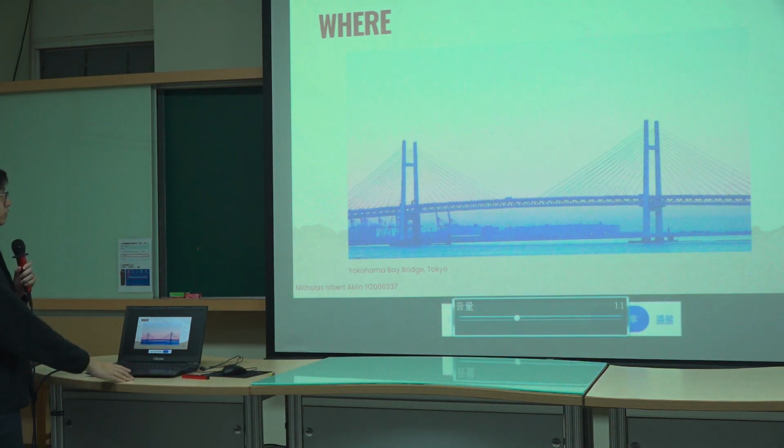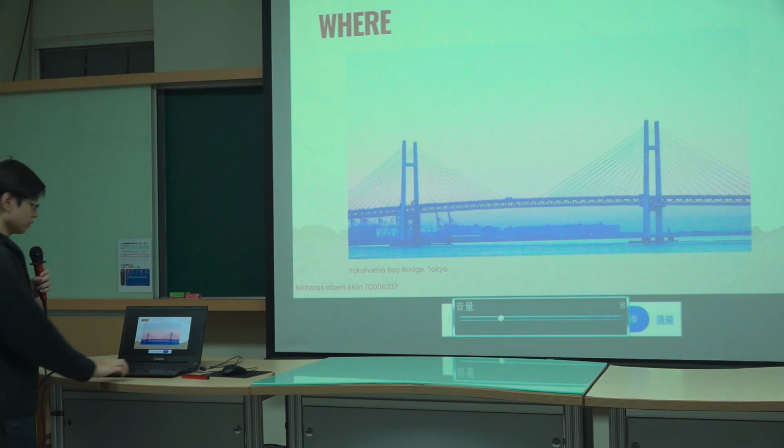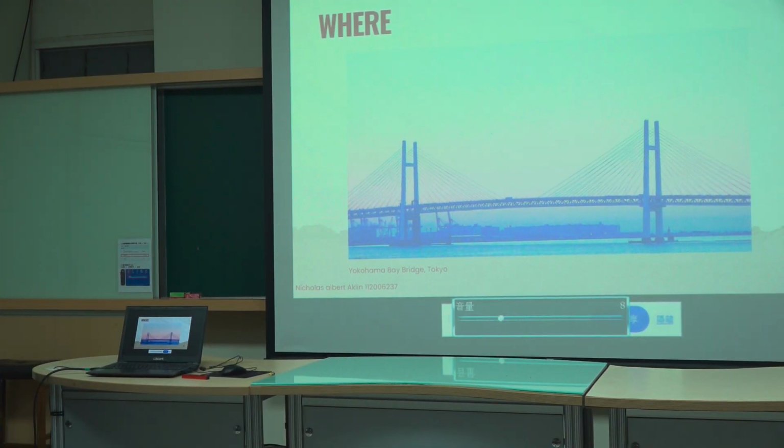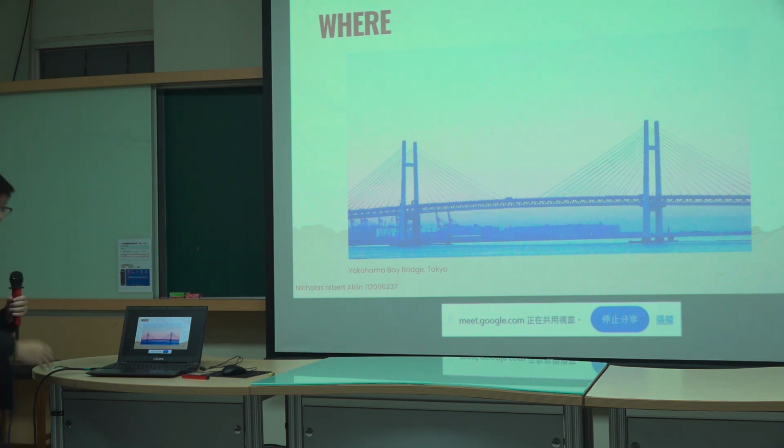So this is the location of the bridge, which is a real bridge in Tokyo, the Yokohama Bridge. What's the problem? A character named Murai goes bungee jumping from the bridge with a nylon rope, which is not safe for bungee jumping.